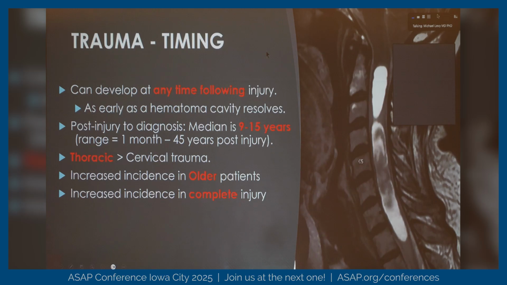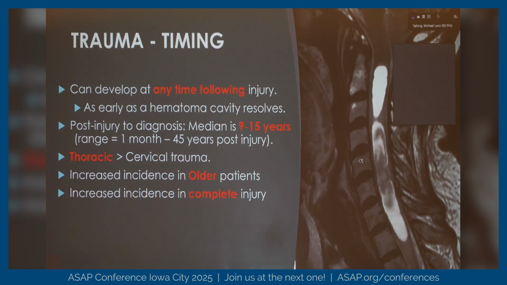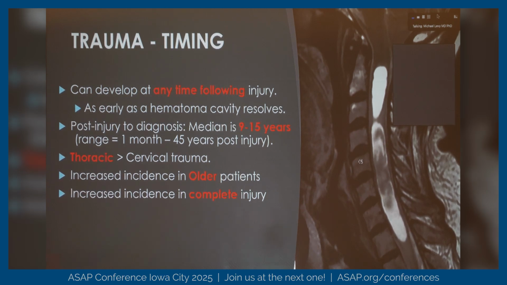Timing is why long-term follow-up is essential, as the timing can be significant following the injury. These can really form as early as you start to see dissipation of a hematoma cavity associated with the trauma. The post-injury time to diagnosis of a traumatic syrinx can range from 9 to 15 years, with a range actually of 1 month to 45 years post-injury.